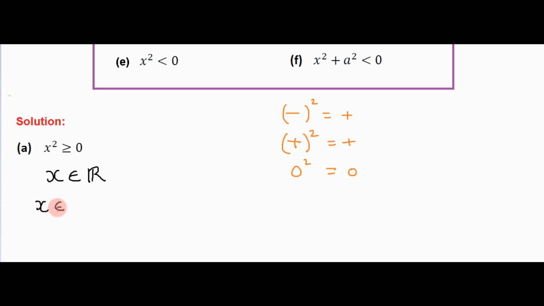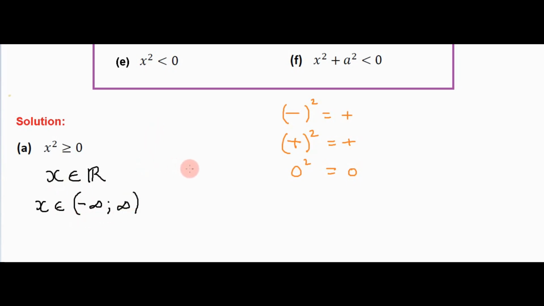X will be an element of this interval. We call it an open interval using round brackets. X is an element of this interval which includes all the real numbers. So going from negative infinity to positive infinity. So this is expressing the answer here in interval notation.